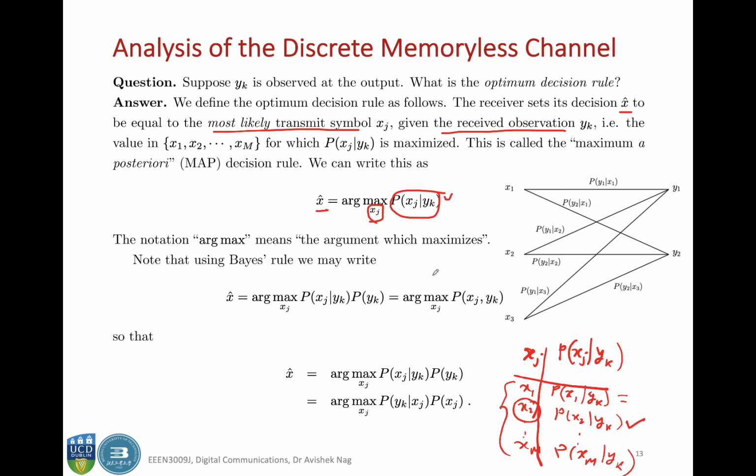Or in other words, the most likely value of x that was transmitted, given that you observe yk at the output, is that value of x which maximizes this a posteriori probability.